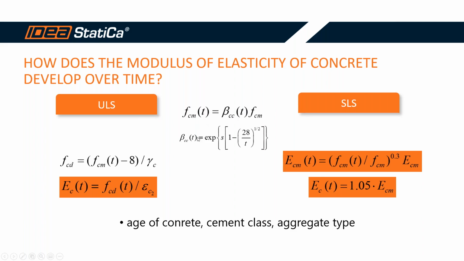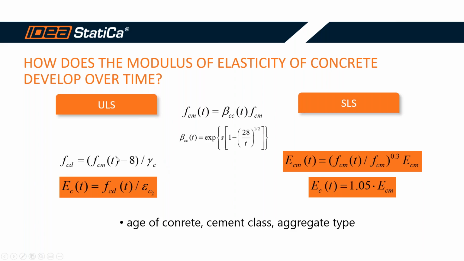I think that you probably know these formulas. In these formulas, we take into account cement class, age of concrete, and also the modulus of elasticity is influenced by the type of aggregate. So when we have ULS assessment, we deal with fcd, which is the design concrete strength in compression.